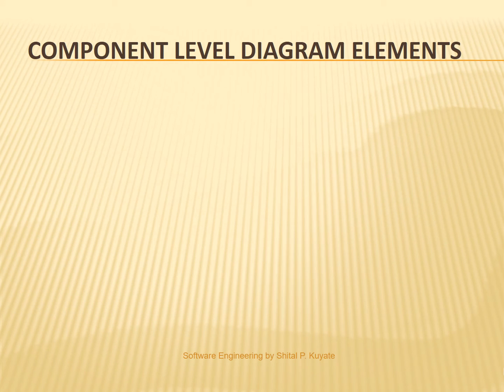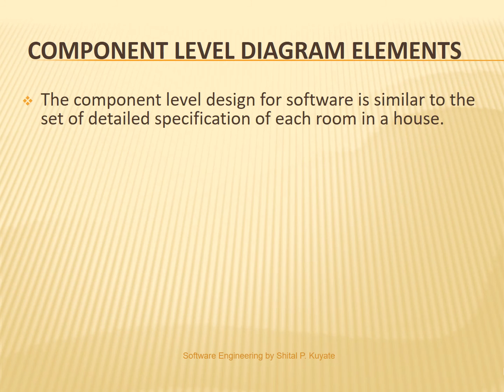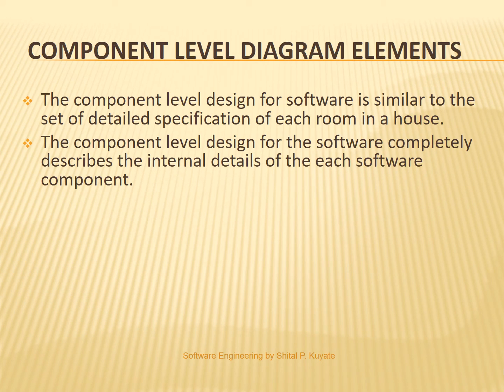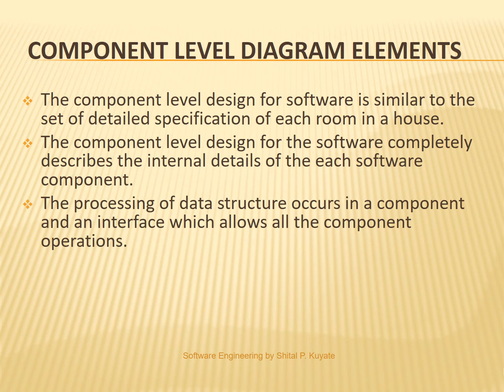Then let us move to the component level design. Basically, it transforms structural elements of a software architecture into a procedural description of software components. The component level design for the software is similar to the set of detailed specifications of each room in a house. The component level design completely describes the internal details of each software component.